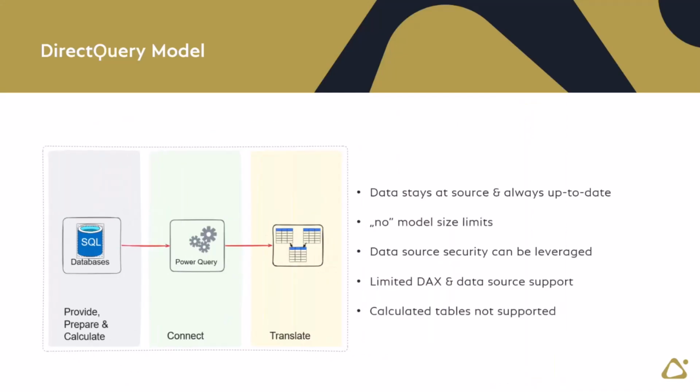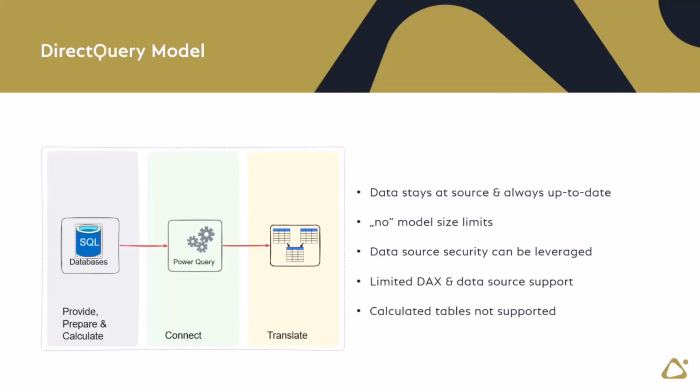That changes, of course, the strengths and the weaknesses of the model. One major advantage of DirectQuery is that the data stays at your source and it's always up to date. Furthermore, there's no model size limit inside Power BI.